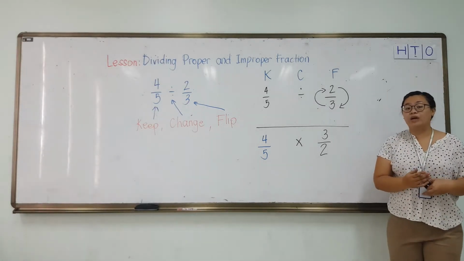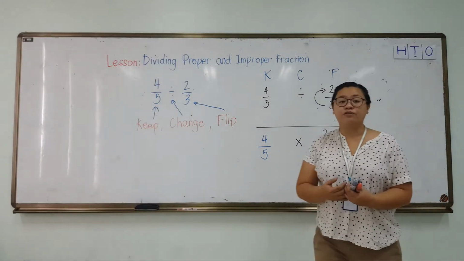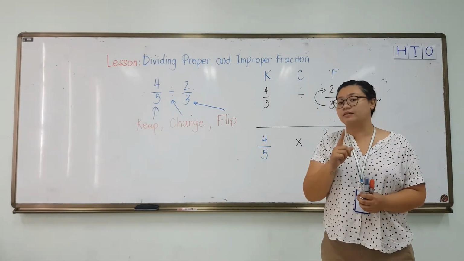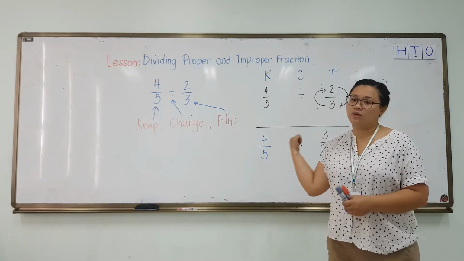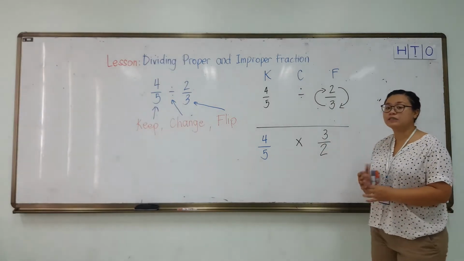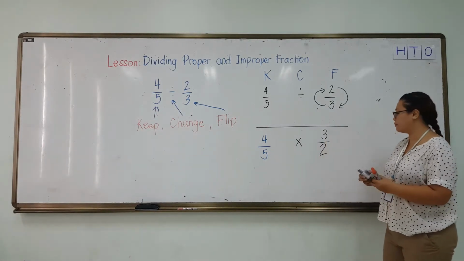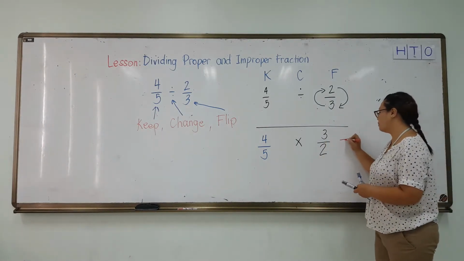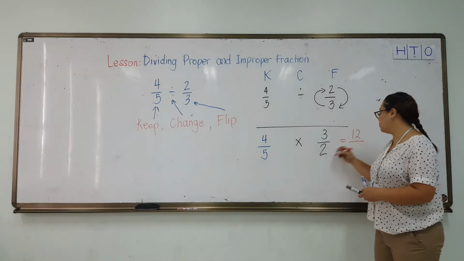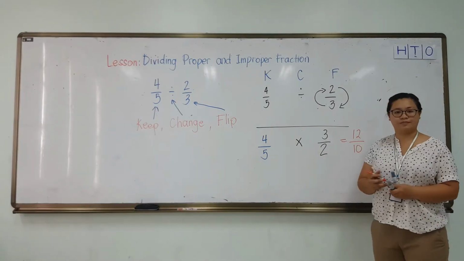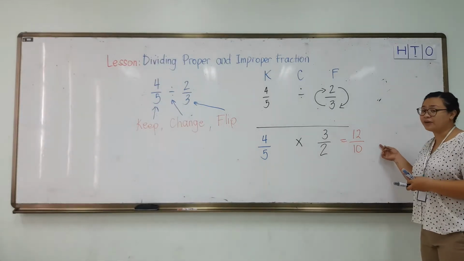Now, remember what we did with multiplying fractions in the past? Week 3 is about multiplying fractions. So let's go ahead and multiply these fractions. 4 times 3, 12. 5 times 2 is 10. If you want, you can make it into a mixed fraction.